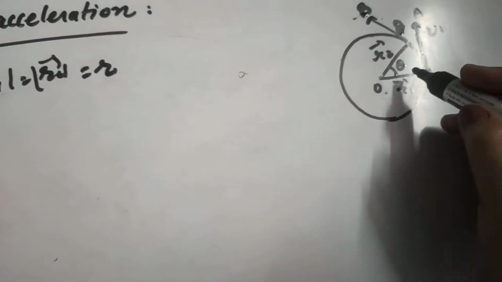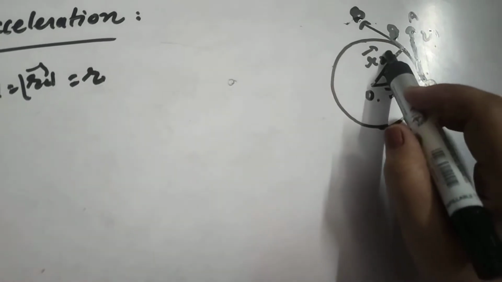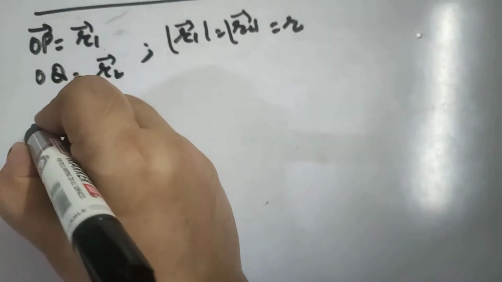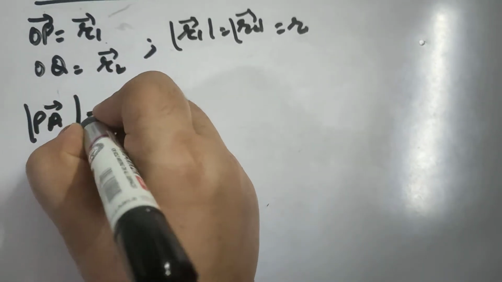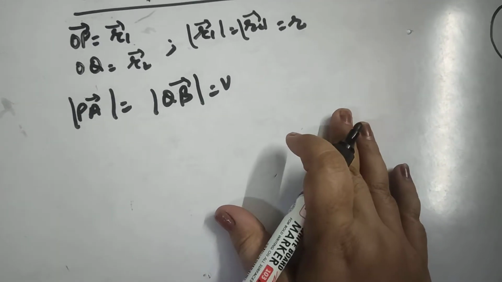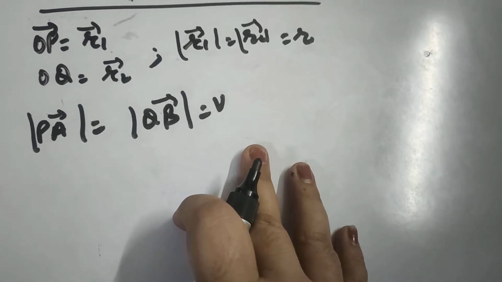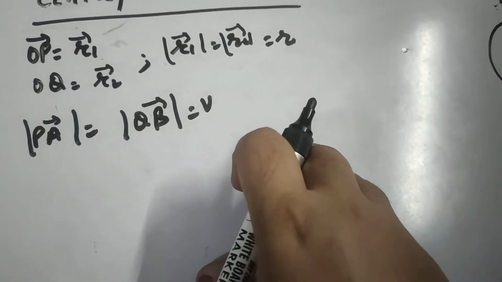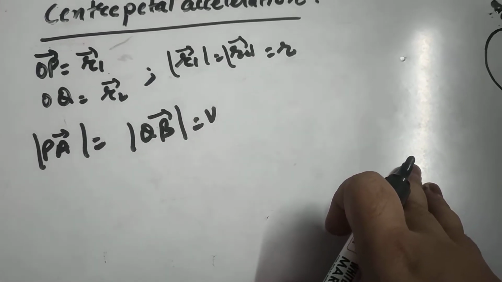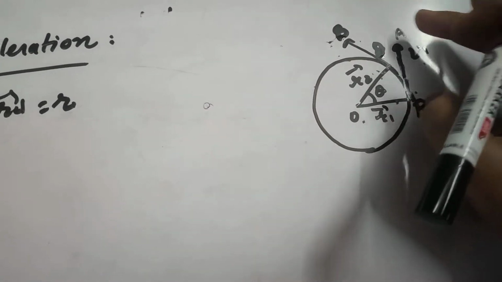Now let PA represent the velocity of the particle at position P, and QB represent the velocity of the particle at Q. Clearly the magnitude of PA and QB is equal to v, since the particle is moving with uniform speed. But there is a certain change in velocity due to change in direction, so we need to find that change in velocity.